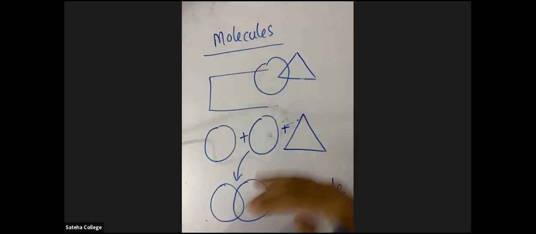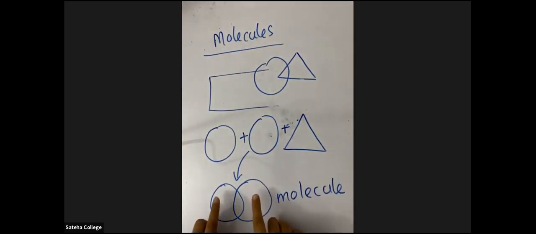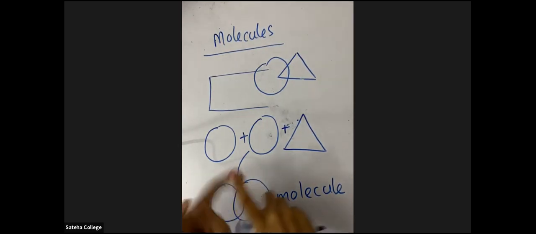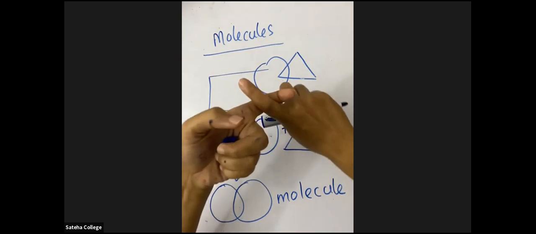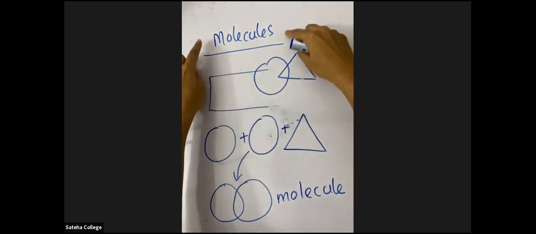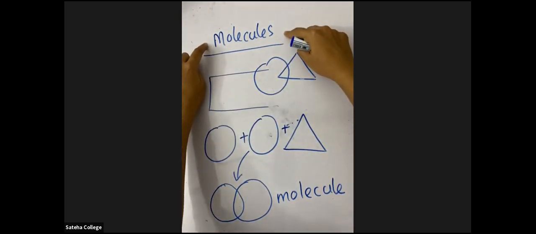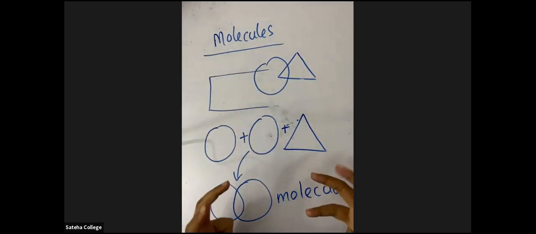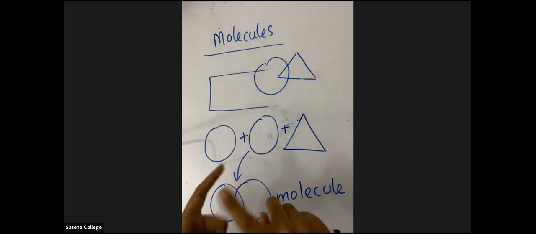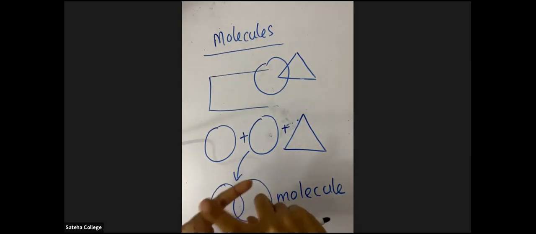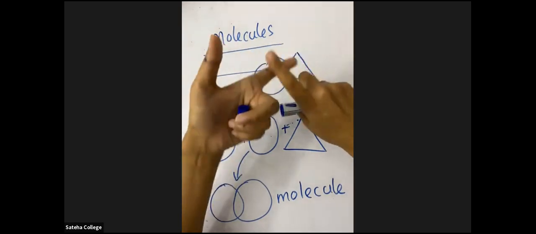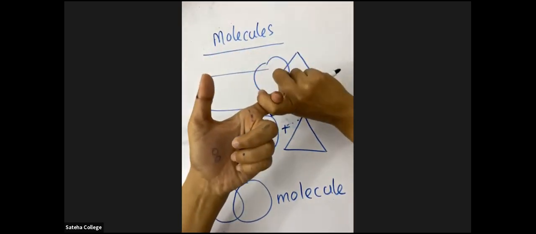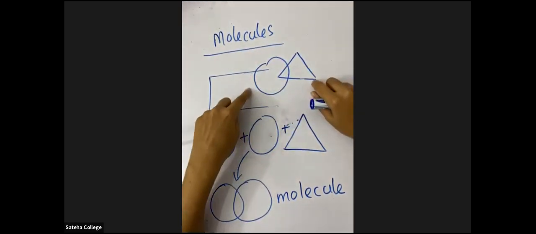Two or more similar atoms or dissimilar atoms, if they combine together, you call it a molecule.